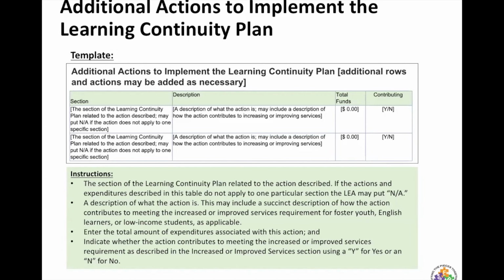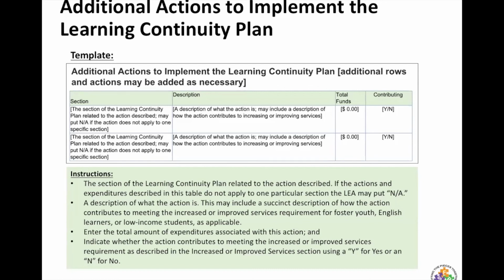You'll also notice that this actions table is slightly different from the actions table included in the template for in-person instruction, distance learning, and pupil learning loss, because this table includes an additional column to note the section of the learning continuity plan that the action is related to, such as mental health and social emotional well-being or school nutrition.